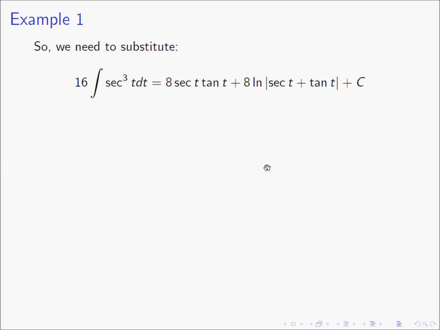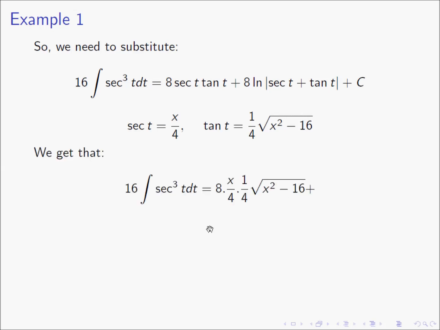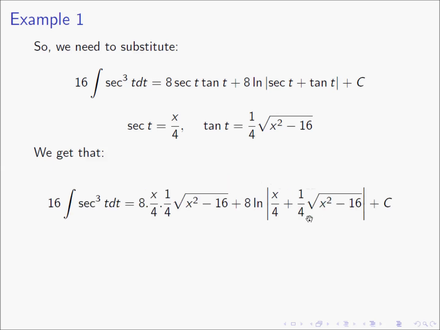So we substitute back. Secant of t is x over 4, and tangent of t is this expression, and we need to substitute in this integral. We get 8 times secant of t, that is x over 4, times tangent of t, that is 1 over 4 times this square root, plus 8 natural log of secant of t, that is x over 4, plus tangent of t, that is this expression.